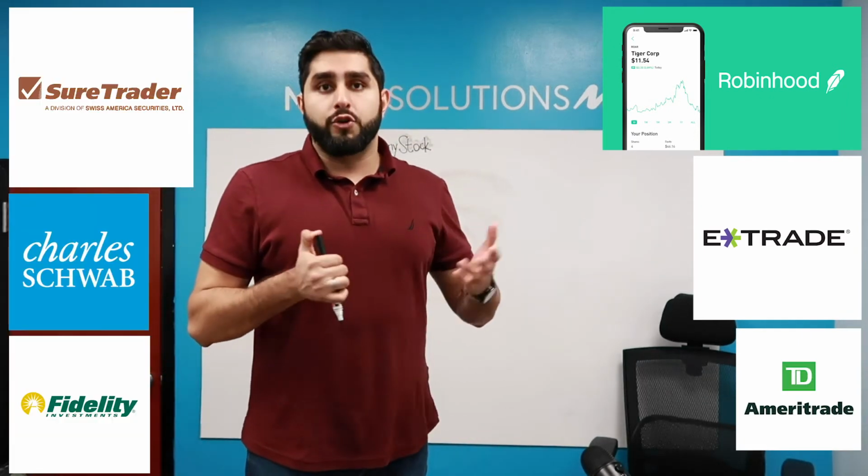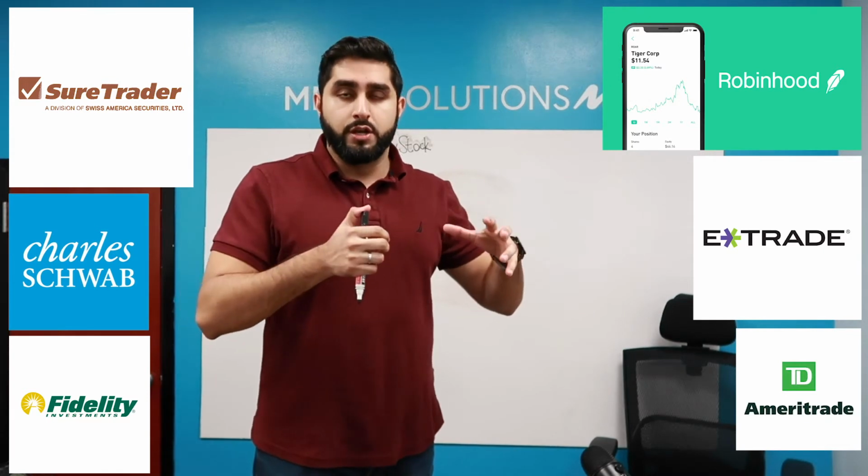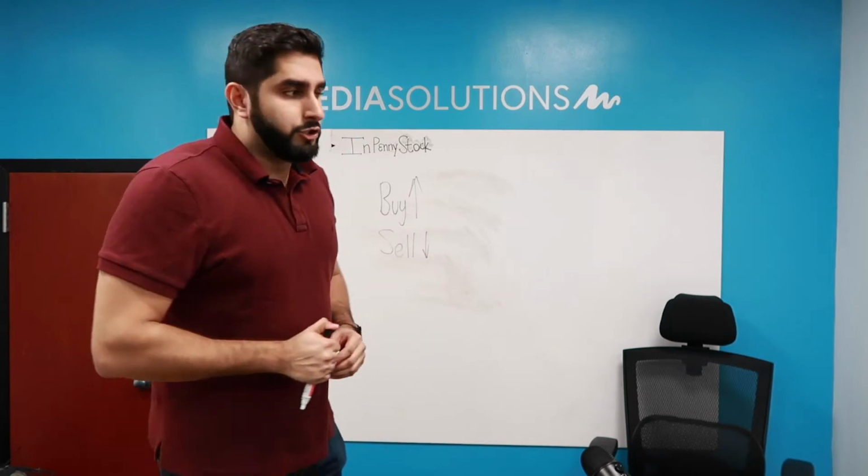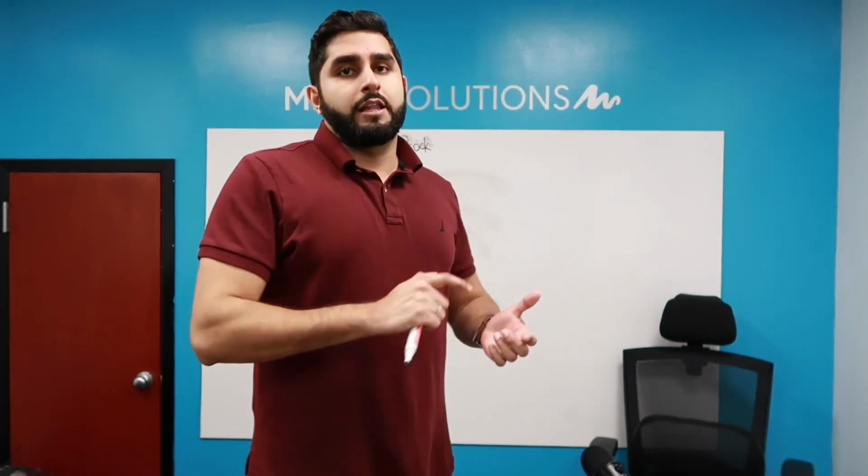These are all brokerages where you can sign up and set up an account. You need a broker because individual people cannot just buy and sell, but fortunately apps make it simple.